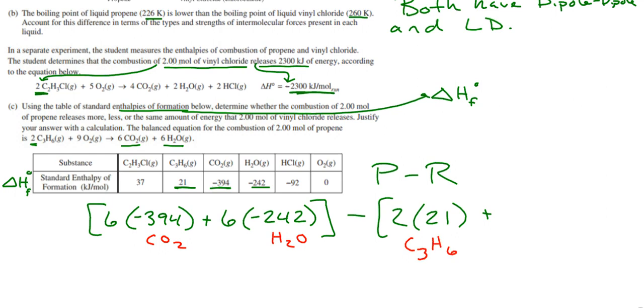Oh, that's weird, it's 0. Well, we have learned that the enthalpy of formation of an element is 0 because it doesn't take any energy to make what's already made. It's already there. So now you need to add up the products, and then you need to subtract the sum of the reactants. In this case, it's nice that it's a 0.